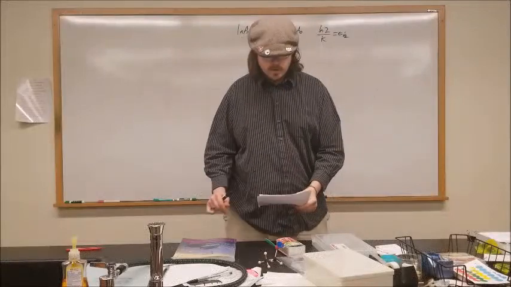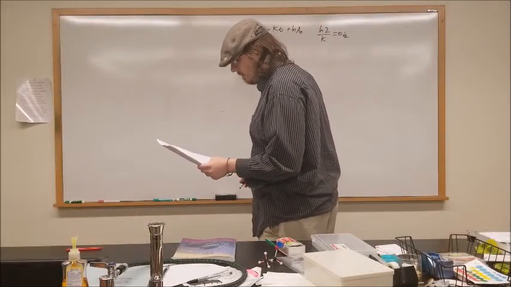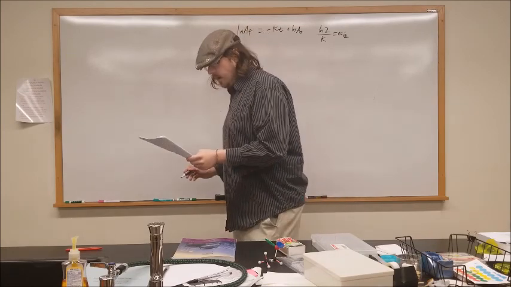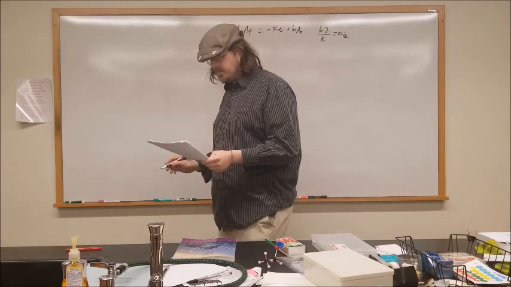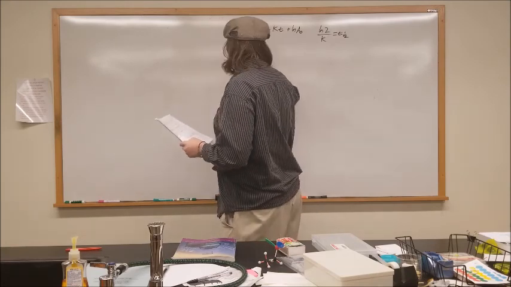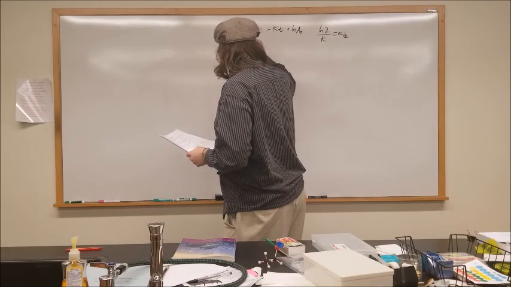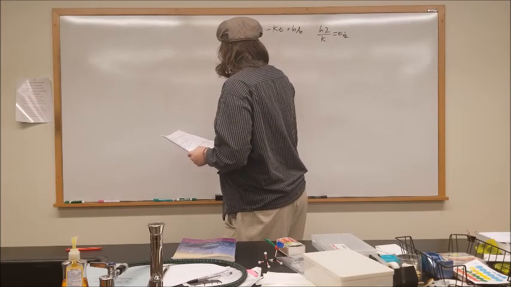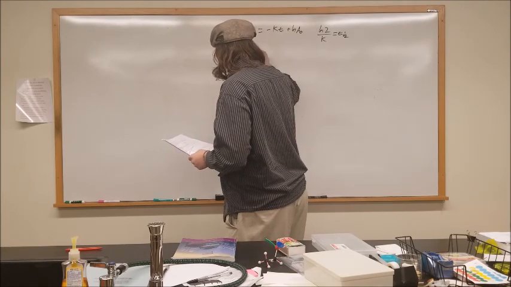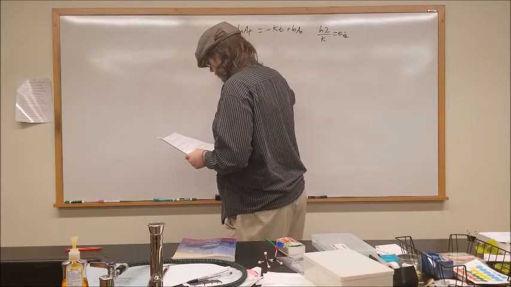Problem 2. We're looking at consumption of nitrogen and ammonia production is a first order process, so how much of a 3 atmosphere sample of nitrogen is left after 85 minutes, if the half-life is 20 minutes? So we're saying, what is A sub t if A sub 0 is 3 and time is 85 minutes?